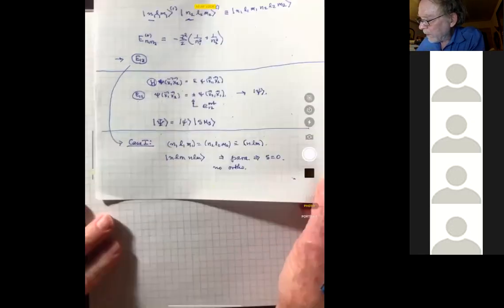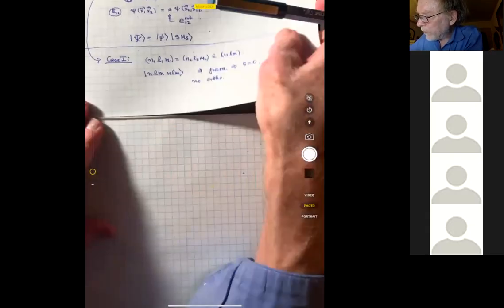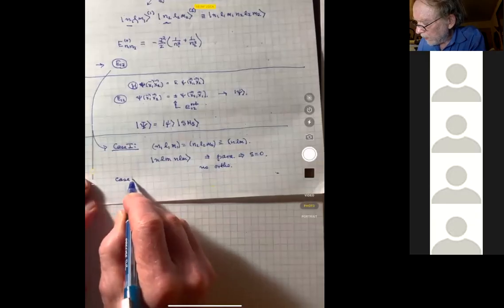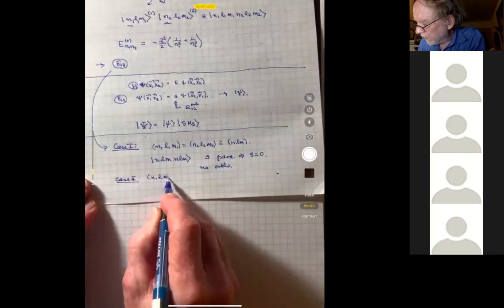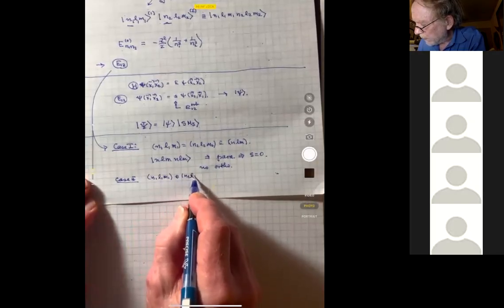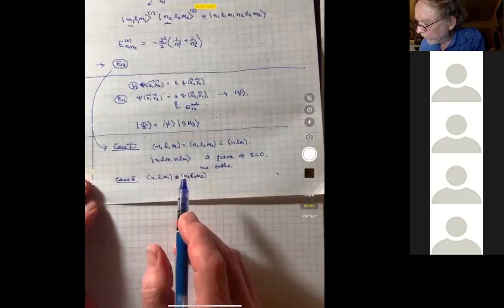If these quantum numbers are the same. What I'll call case two: in case two, the quantum numbers n1, l1, m1 are not equal to n2, l2, m2. And in that case, we can get both symmetric and antisymmetric versions.